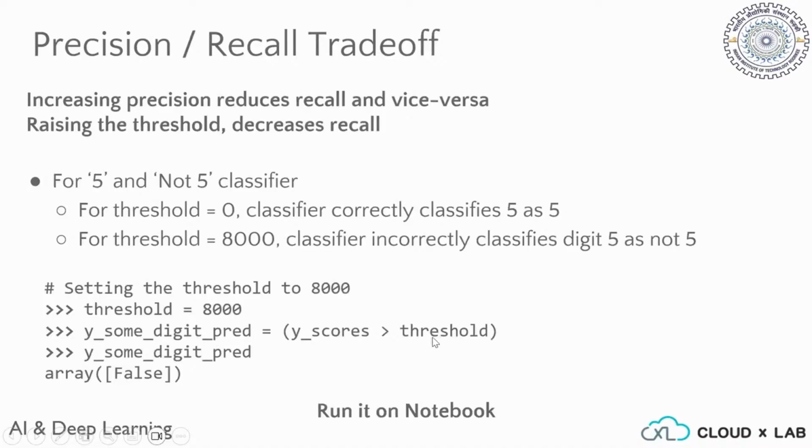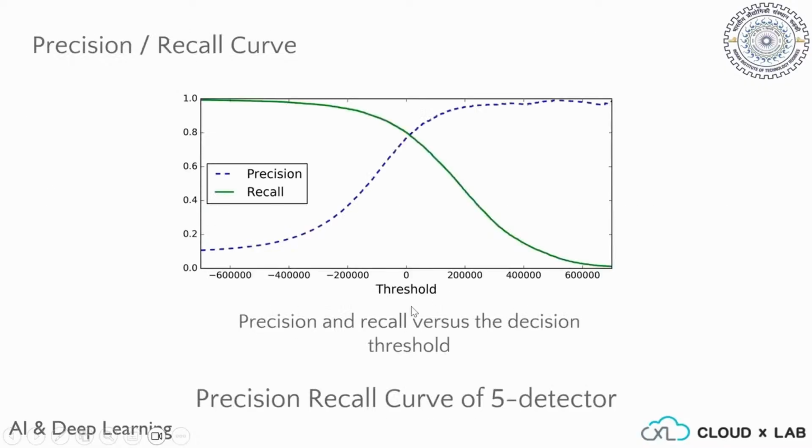So for threshold 0, we will get one model, and we will calculate precision and recall. For some other threshold, we will get another model, and calculate precision and recall. So if you plot threshold versus precision and recall values, you will get this type of curve.